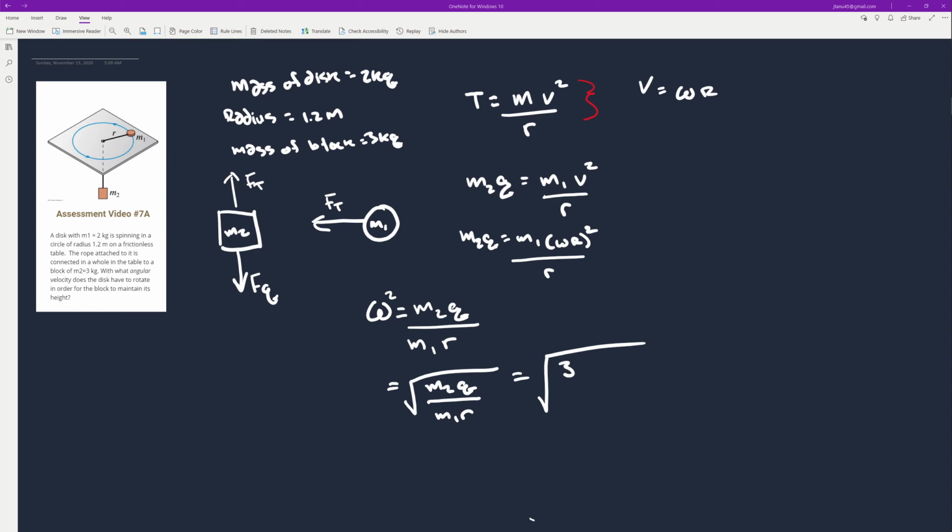We have 3 times gravity divided by 2 times 1.2. And what we end up with is 3.5 radians per second. And so this is going to be the required angular velocity in order to maintain the block's height. I hope this helps, and I hope you guys learned something.